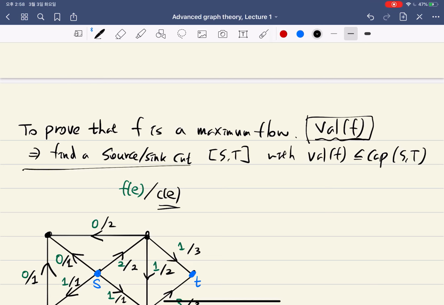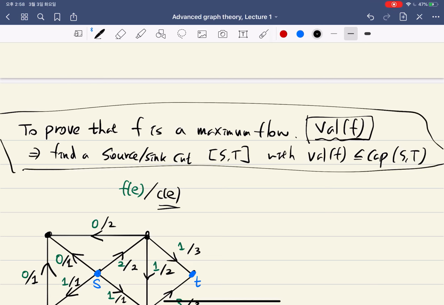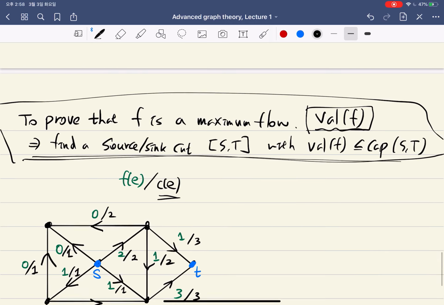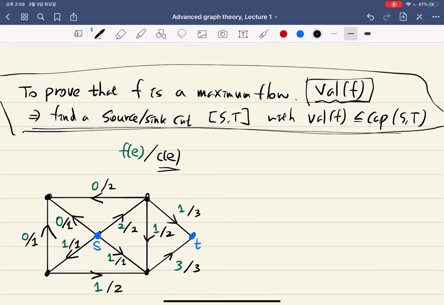Then we prove that f is indeed a maximum flow. So this is a useful strategy, and to prove that f is maximum, this is one good strategy.